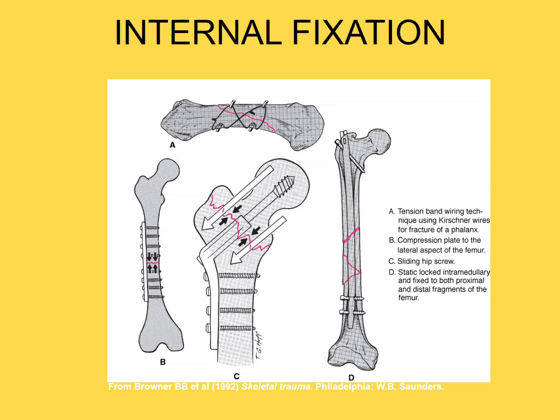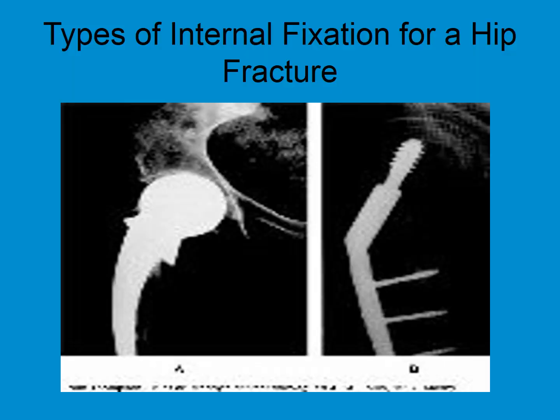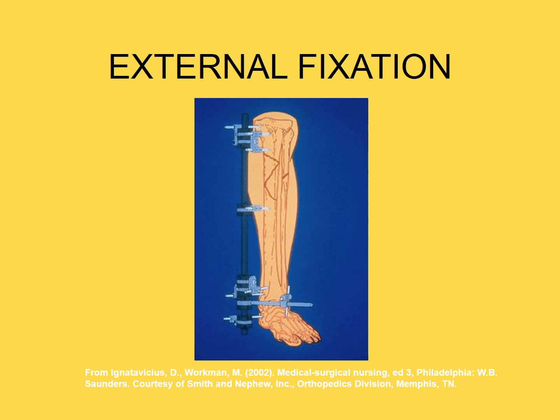Next slide. This is a picture, an X-ray showing you internal fixation of the hip. Next slide. This is an external fixation. So internal is inside, external, the screws are visible to the outside.